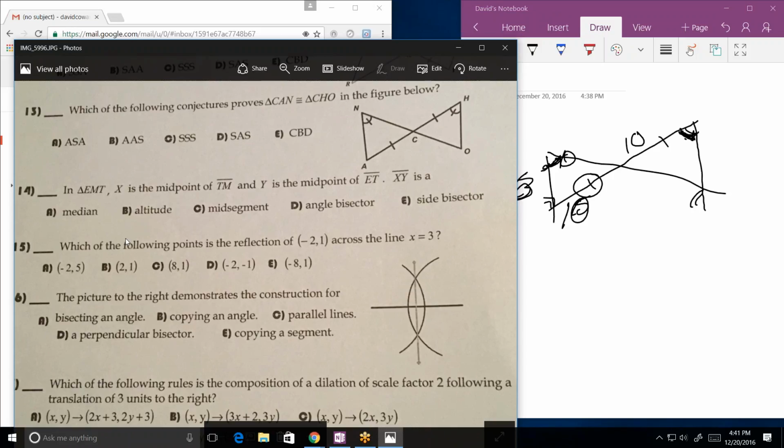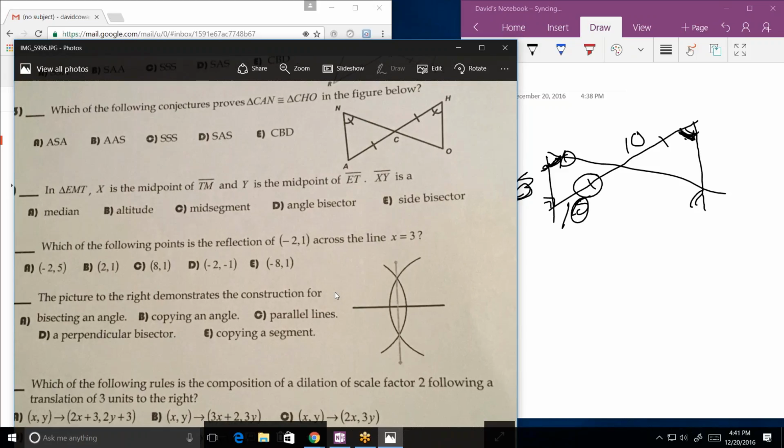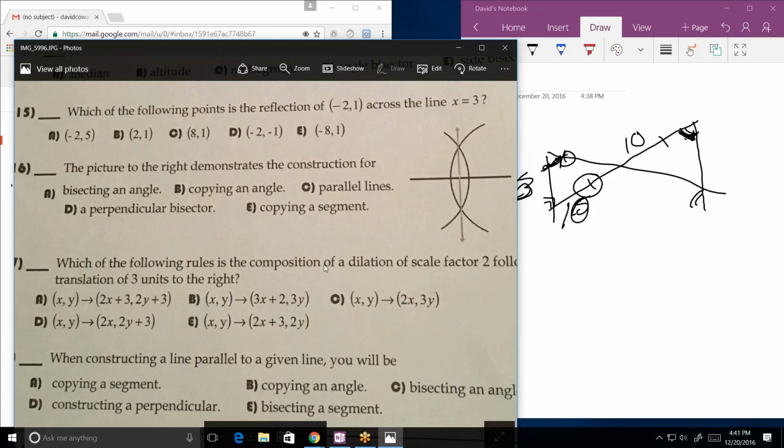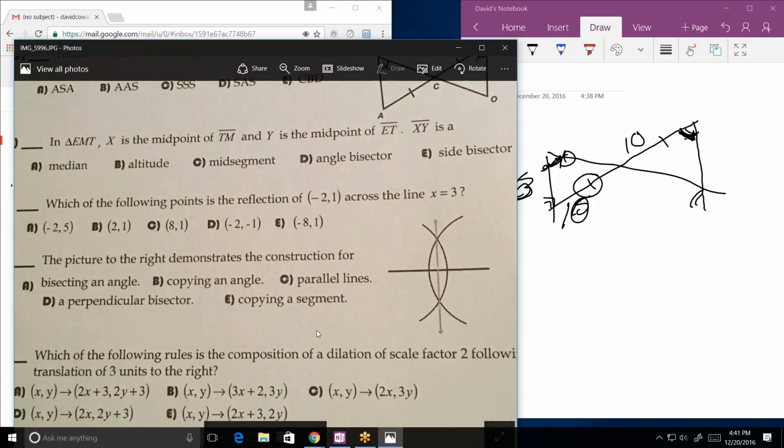Let me take a look at 14. Well, this is easy. I got this one correct on the practice final because I drew it out. Wait, that'd have to be, since they're both midpoints, they'd have to be a midsegment.